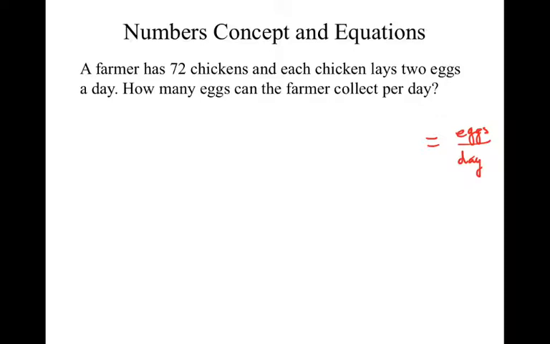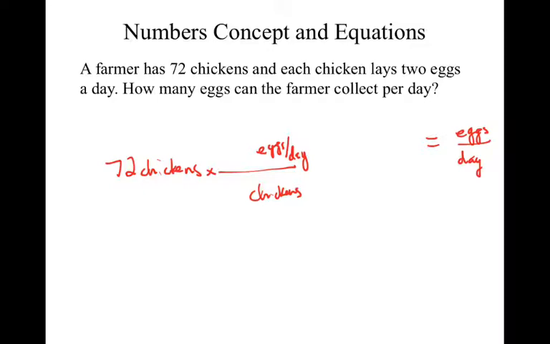Okay, so if we look at our units that we're starting with, 72 chickens. Okay, super exciting example. Well, in my conversion, I want to get rid of chickens, and I want, as a unit, eggs per day.